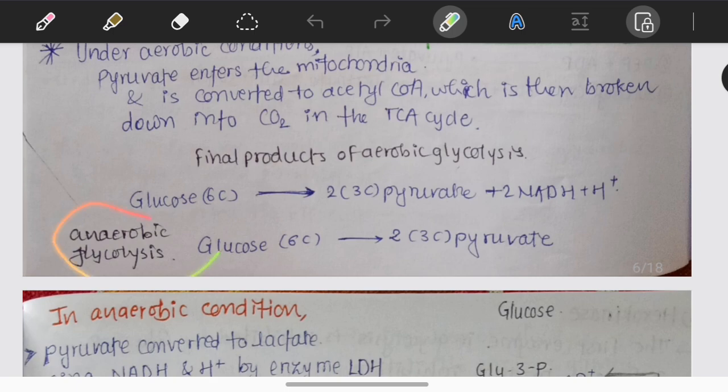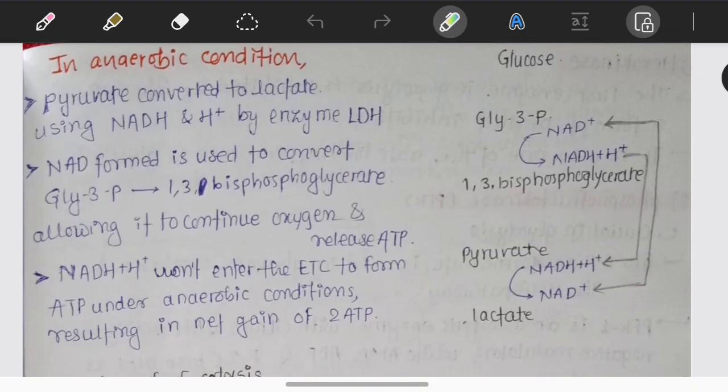In anaerobic glycolysis, glucose forms 2 pyruvates, with no NADH plus H+ left over. In the anaerobic condition, pyruvate is converted to lactate using the NADH plus H+ by the enzyme LDH, lactate dehydrogenase, and the NAD form is used to convert glyceraldehyde 3-phosphate to 1,3-bisphosphoglycerate, allowing glycolysis to continue and release ATP.